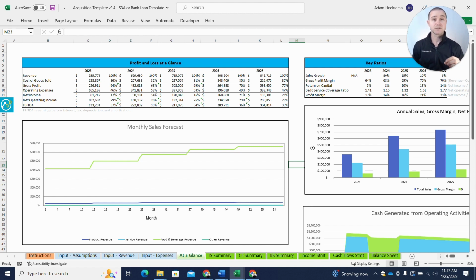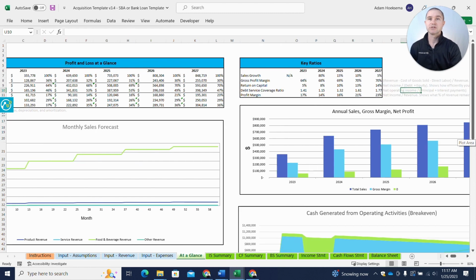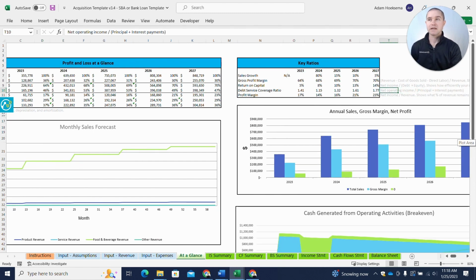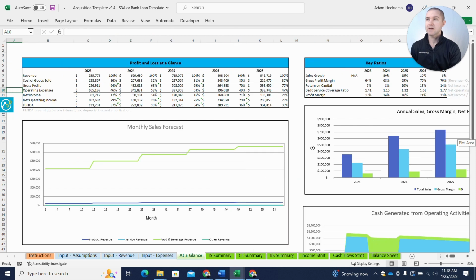So I mentioned debt service coverage ratio. This is what your lender and the SBA are going to be using to determine whether your loan application cash flows. You can see that right up here, this debt service coverage ratio calculation. That calculation is net operating income, which we have calculated right over here, divided by your debt service, which is your principal payments and your interest payments on your loans.